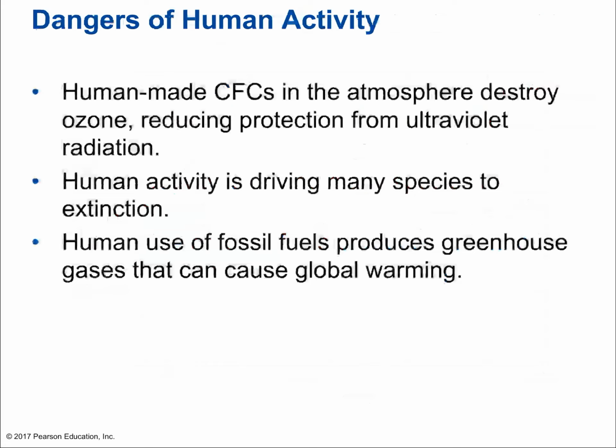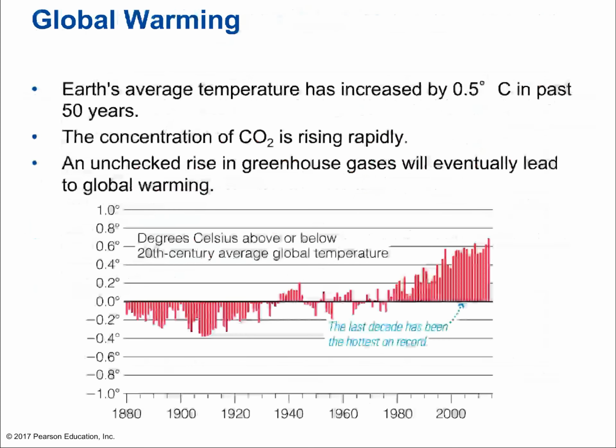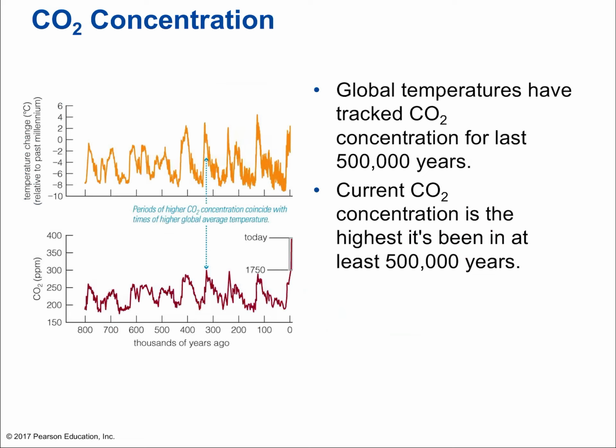Humans' use of fossil fuels produces greenhouse gases that can cause global warming. Earth's average temperature has increased by 0.5 degrees Celsius in the past 50 years. The concentration of CO2, carbon dioxide, is rising rapidly. An unchecked rise in greenhouse gases will eventually lead to global warming. Absolutely will.